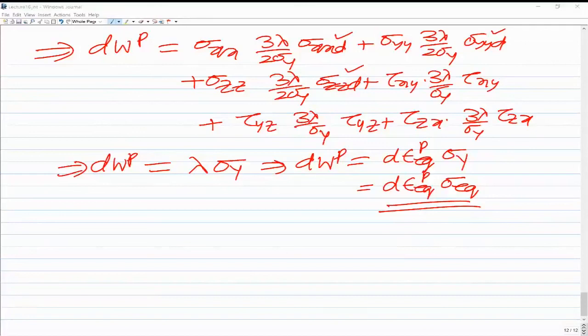Sir, in that case, whatever stiffness matrix we get, is it the same as we get from the global system? Yes, that would be the same, the final expression for stiffness matrix and load vector.